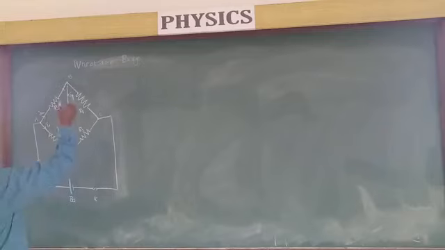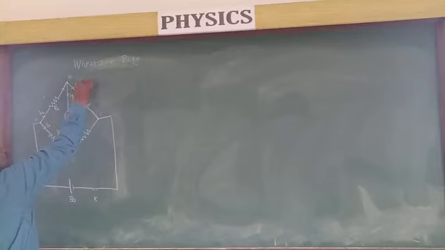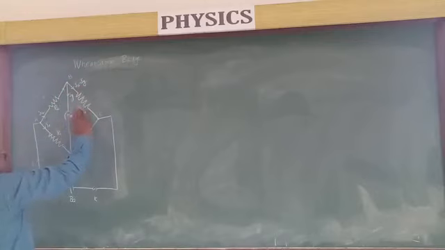At the point B, two more connections are there: one connected to the galvanometer and another connected to the resistance R4. A small amount of current Ig flows through the galvanometer and the rest of the current, I2 minus Ig, flows through the resistance R4.